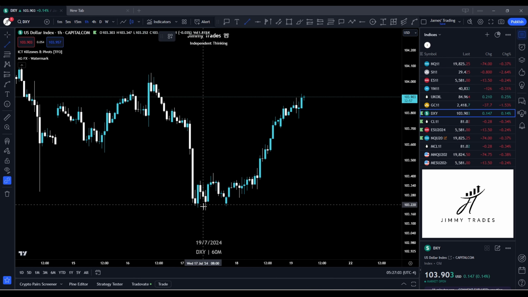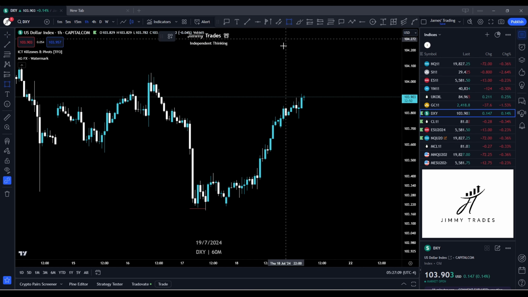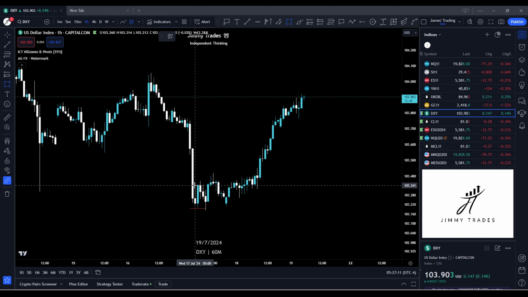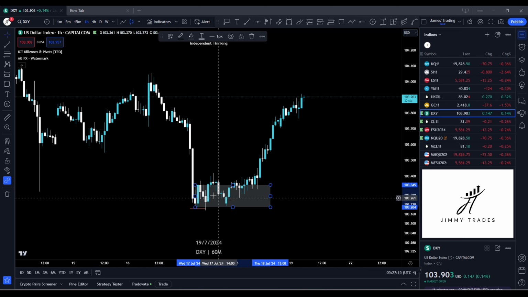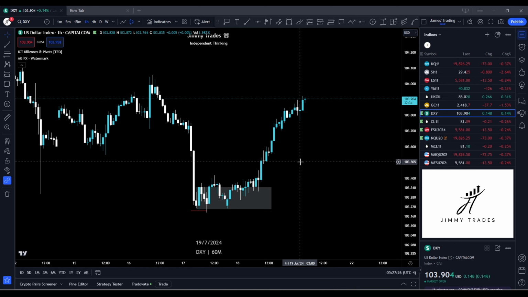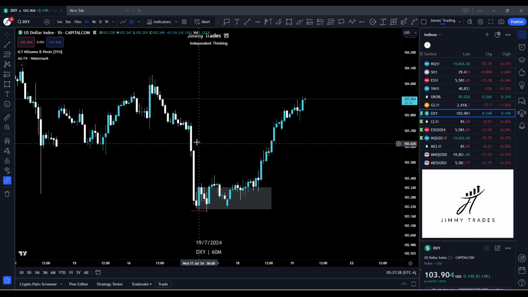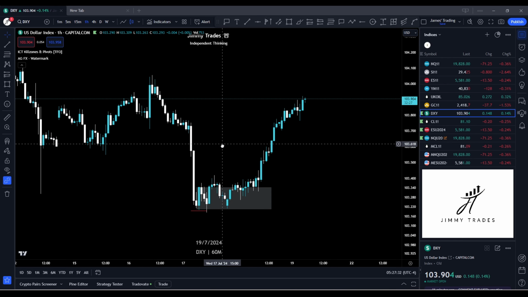So we can see we had a sweep here. Breaker with an FVG aligned, close above the breaker. Breaker's been respected, price has pushed away nicely. We've inverted these hourly FVGs as well, these SIBIs.